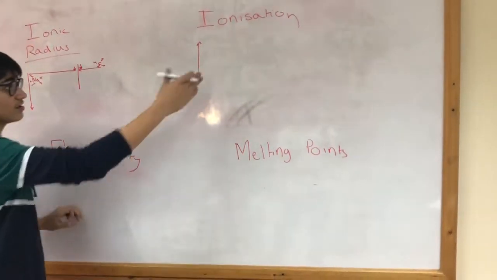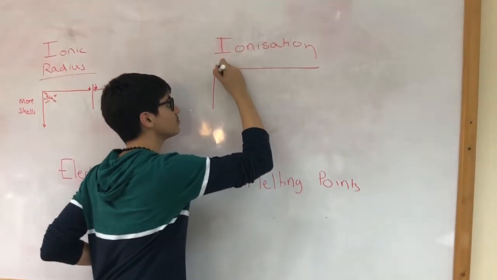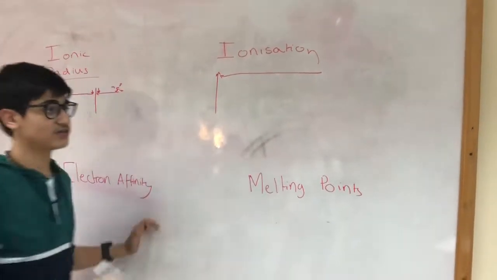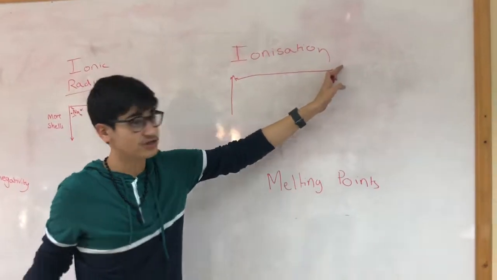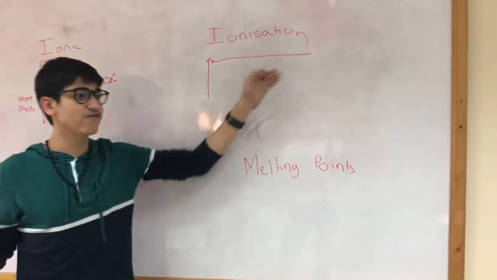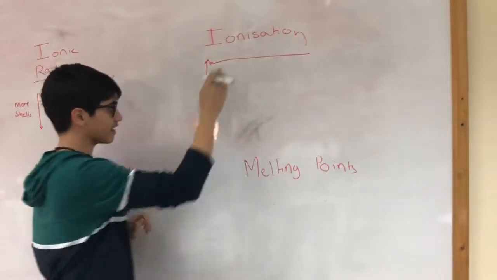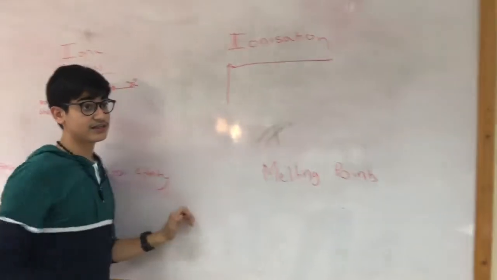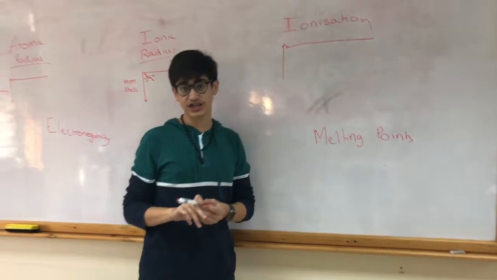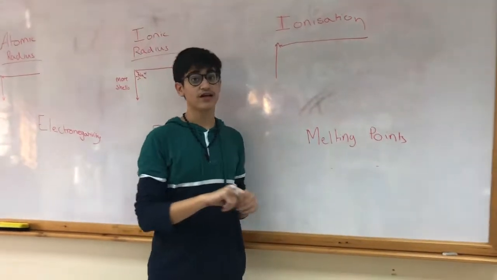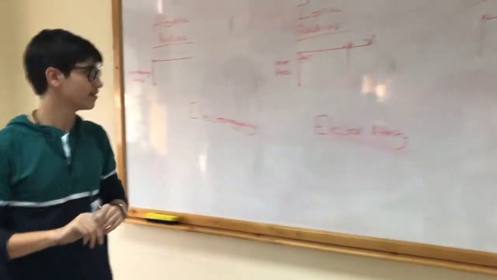Similarly, across the period, the electron becomes a lot harder to remove as the shells begin to fill up. As you would imagine, the noble gases on this side of the periodic table, such as neon, would have the largest, as it has a full outer electron shell. However, be aware that there are exceptions. This is due to things such as having a full p shell, a half-full p shell, or a full s shell, and so on along the whole periodic table.